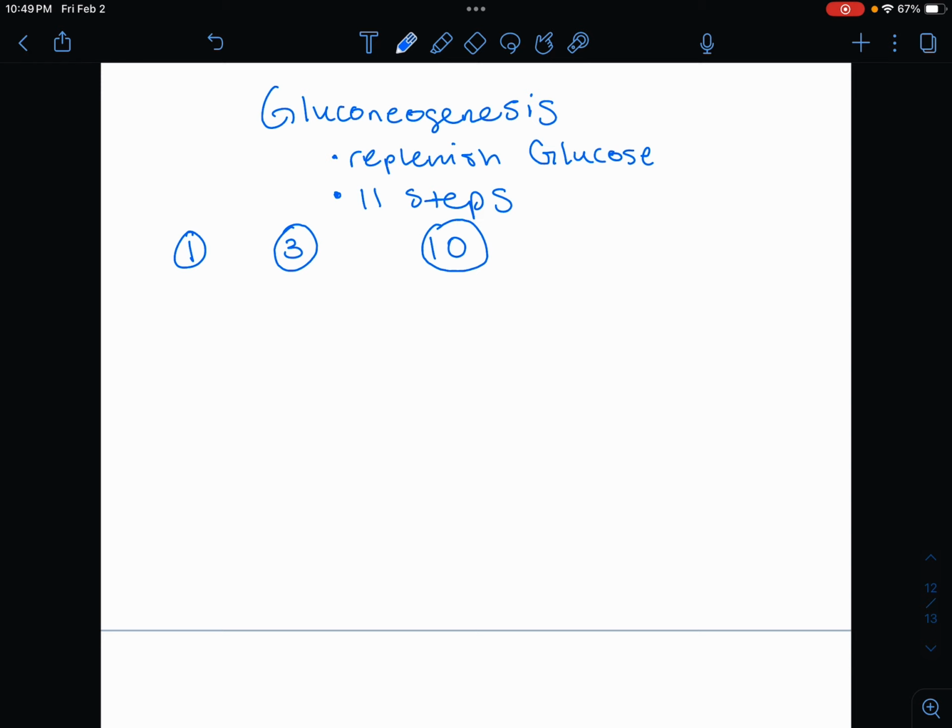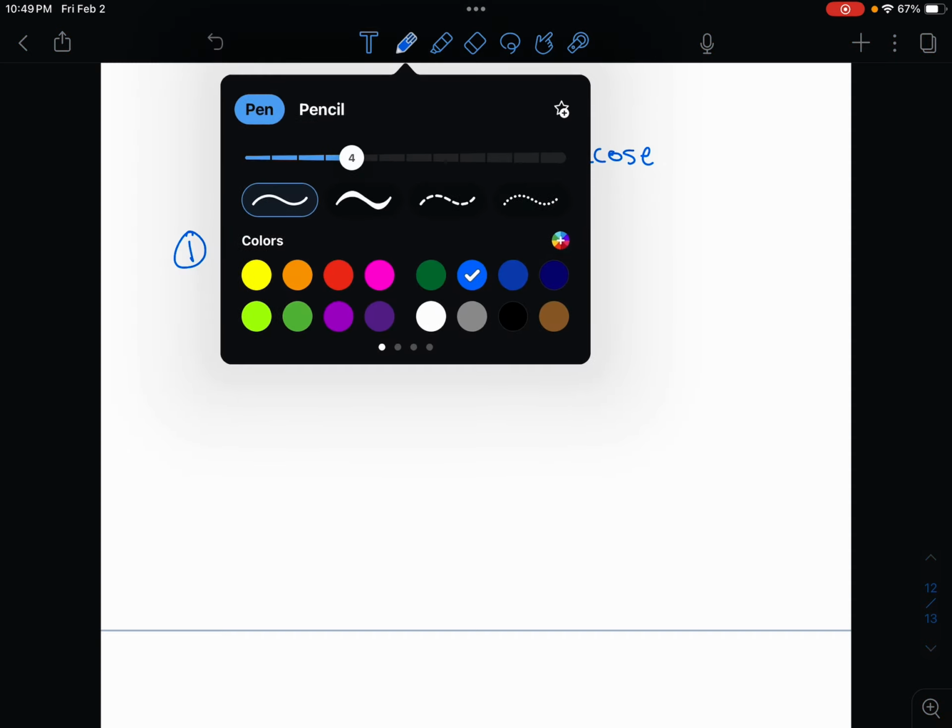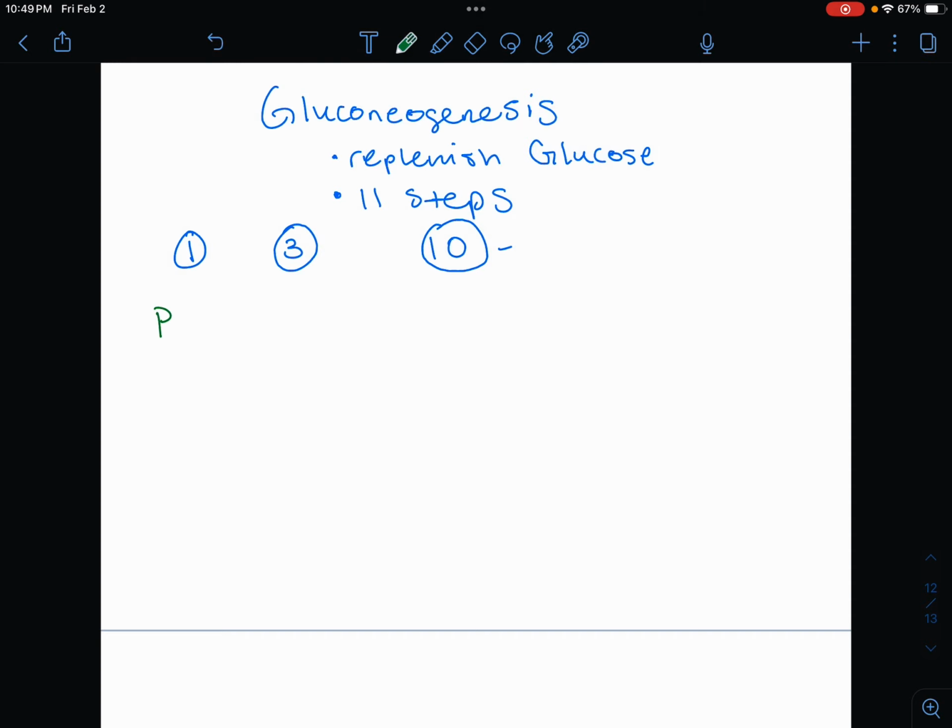All right, so let's look at number 10 first here. Number 10 in glycolysis was this reaction where we had phosphoenolpyruvate, and we were trying to get to pyruvate and ATP.